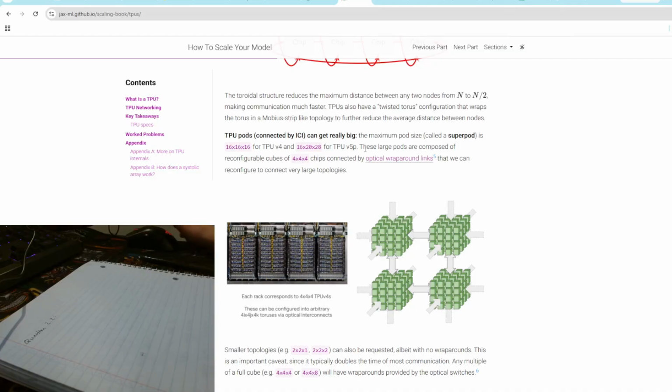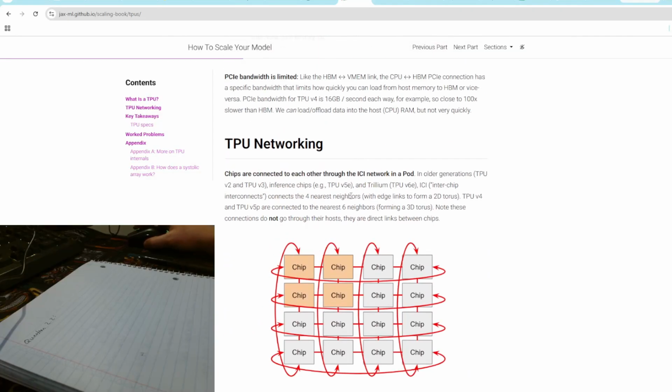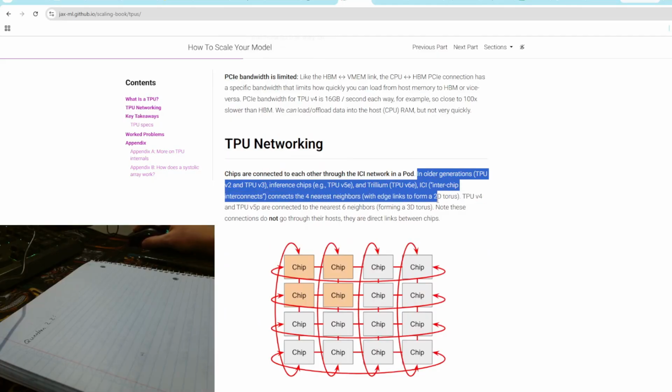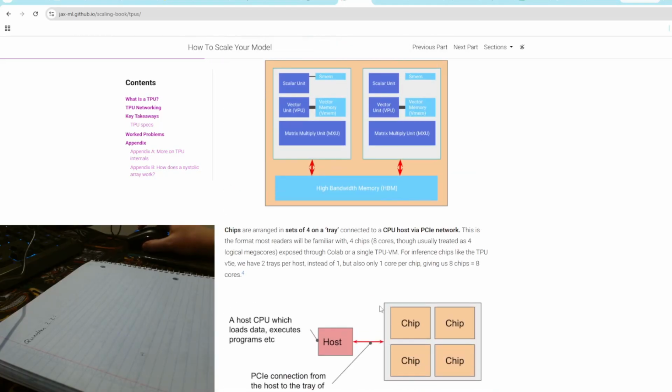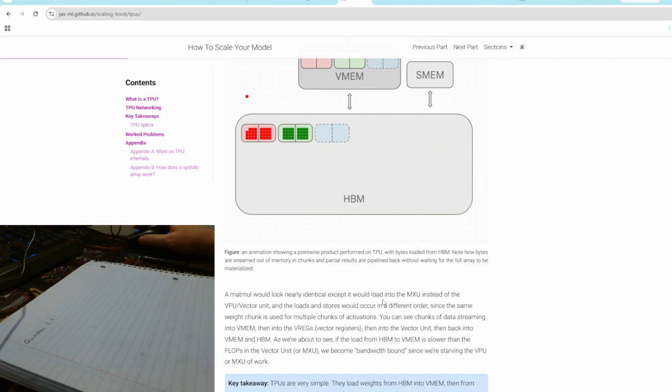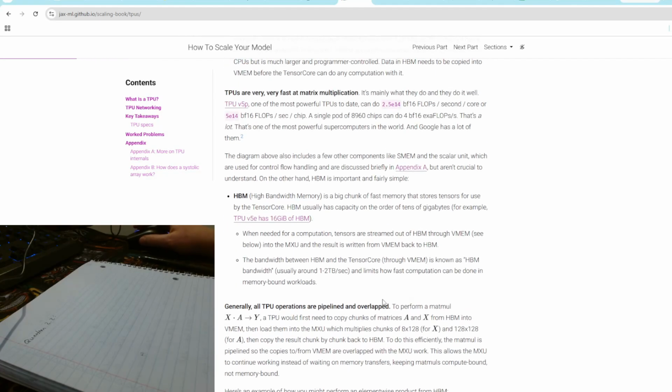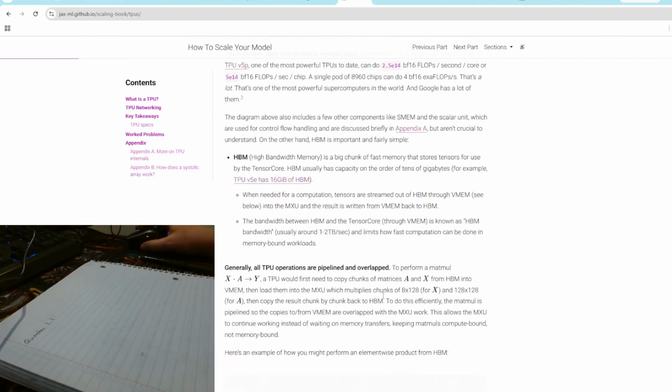Huh. So this is a superpod. I don't know if it's the same thing as a regular pod. Let's see, is there any more information up here? No, these are just the basics.